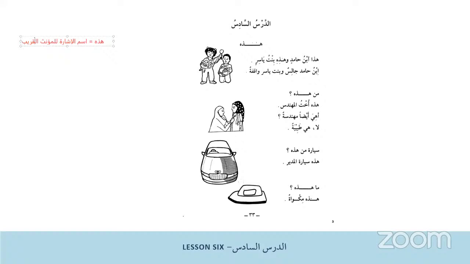Can you remember which word was the one that was used to point at something masculine but close? Any idea? Which word was used to point at something which was masculine but close? هذا. Very good. Okay. So هذه. This lesson is all about this word. Okay. So we have the first sentence. We have هذا. Okay.